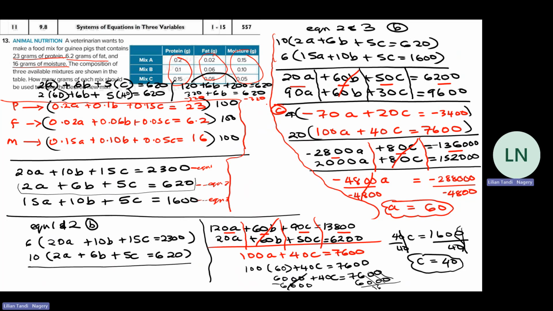All right, now I've created space. Okay. So this goes away. So now we have 6b equals 300. Divide by 6, divide by 6. b is 50.